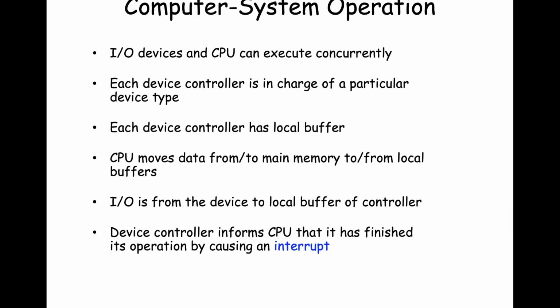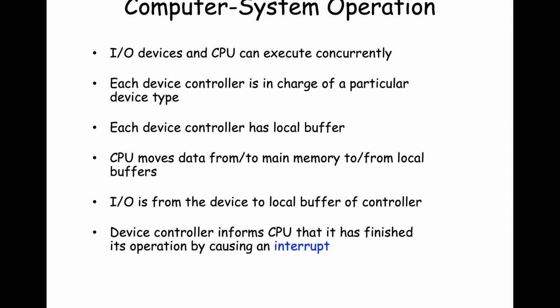So you have printer device controllers that know how to talk to printers, network cards that know how to talk over Ethernet, and audio controllers that know how to talk to audio devices. Each device controller has its own local buffer that it uses to store data. Now the CPU moves data to and from main memory or to and from this local buffer. So the CPU stages data that's outbound by sending it to the buffer, or it can receive data that's inbound by reading it across the bus from this local buffer for each of the I/O controllers.